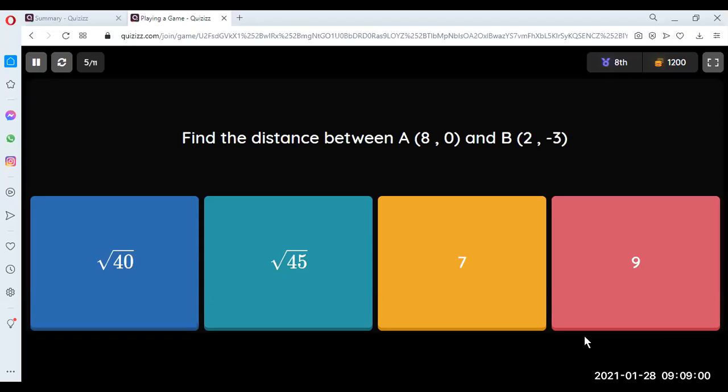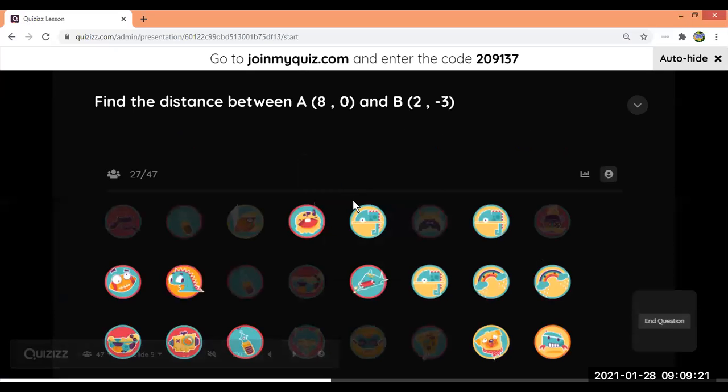You just need to switch pages time and again. One is the quiz page where you have to submit the answers, and one is the Zoom class where we are solving it out together. So from this, which is the correct one? Quickly. Another 5 seconds and I'll end the question.